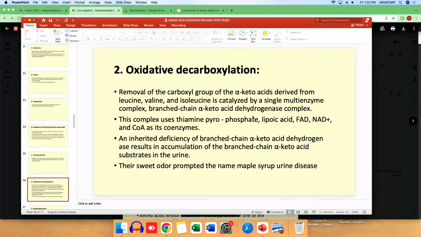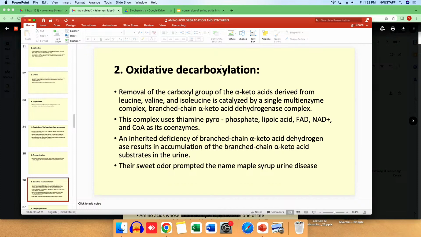The next step of the conversion of branched chain amino acids is oxidative decarboxylation. Again, as the name tells you perfectly well, it's oxidative because oxygen is involved, and decarboxylation means removal of a carboxyl group.